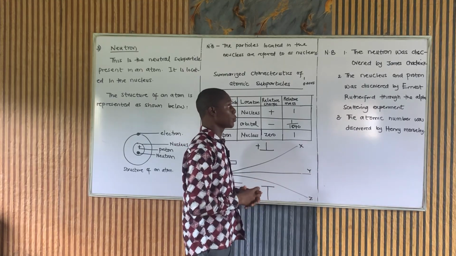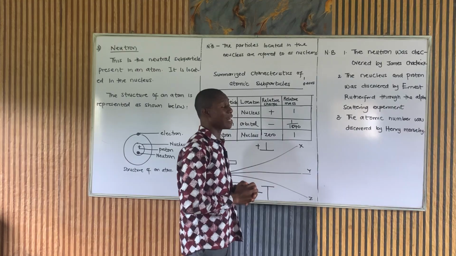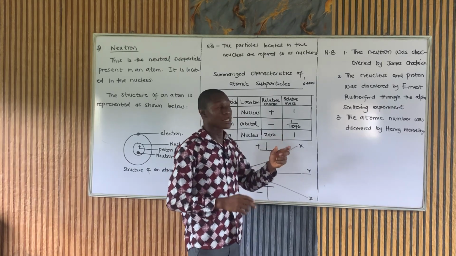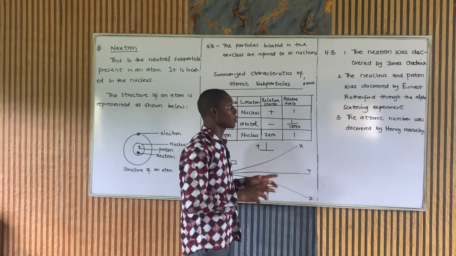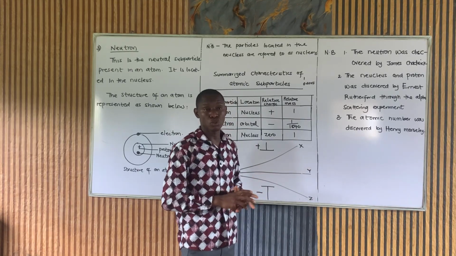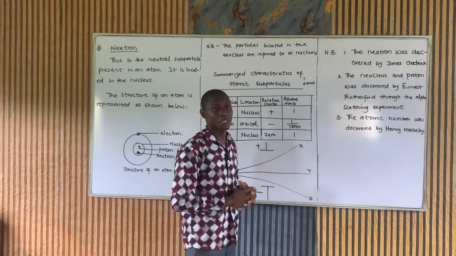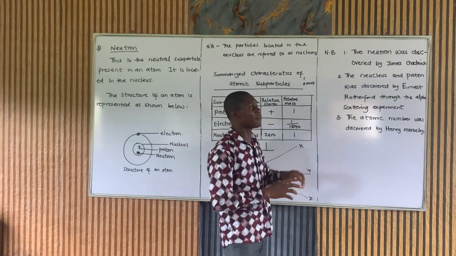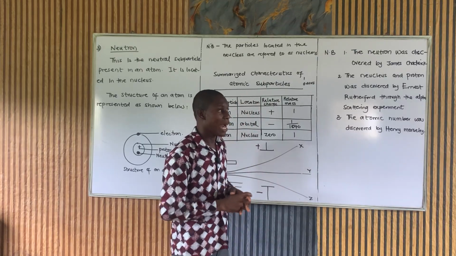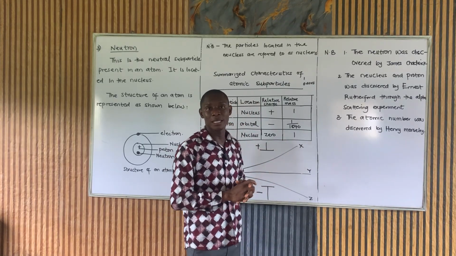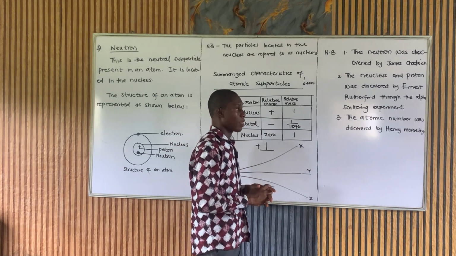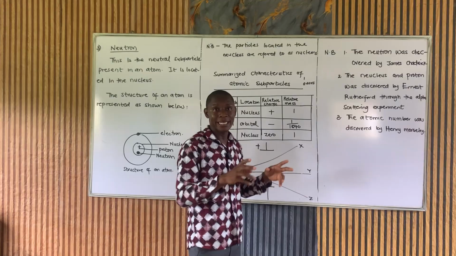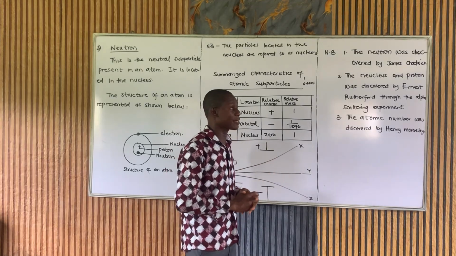It's also important to note that the neutron was discovered by James Chadwick, and the nucleus and the proton were discovered by Ernest Rutherford through his alpha scattering experiment. It was Ernest Rutherford that made us realize that an atom looks like the solar system, where the nucleus is at the center of the atom, just like the sun is at the center of the solar system.